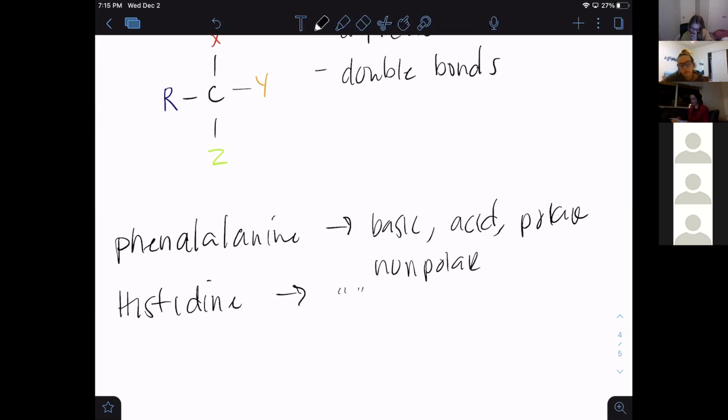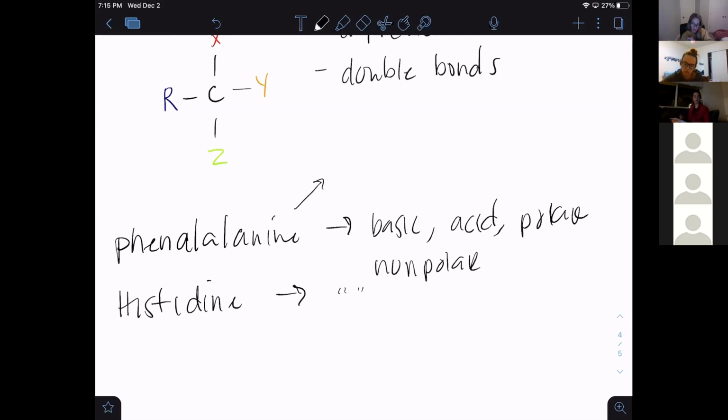Why do we like phenylalanine? Because it's really, really used in chemistry. Also because this is a big medical condition, but you don't need to know that. But it's actually important. And histidine is also one of the most abundant amino acids. It actually does pretty much everything in our body.